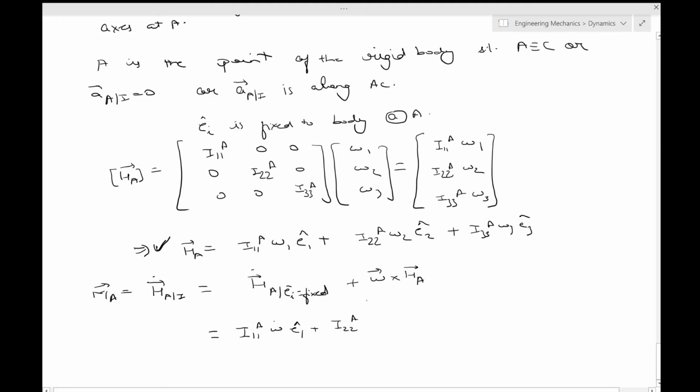So if E1, E2, E3 are fixed, then I11, I22, I33 will all be constant with time. We have used this point yet again. Plus this cross product can be written with E1, E2, E3.